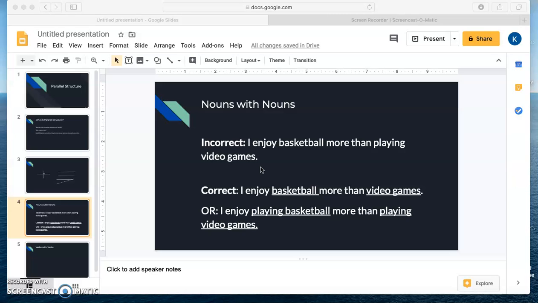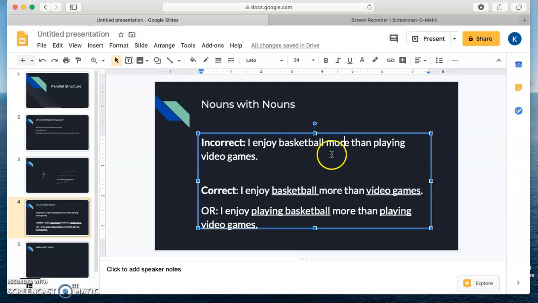this sentence structure is not parallel because if we break apart this sentence, the sentence has this comparison right here, this more than, and we'll get to more than in just a second, but what is being said here is I enjoy basketball more than I enjoy playing video games.